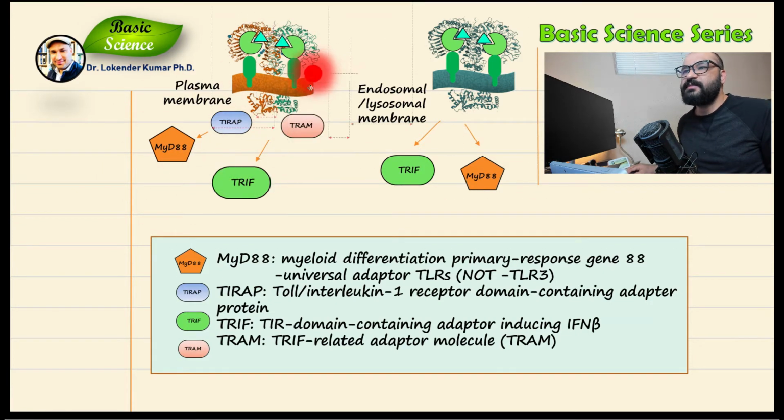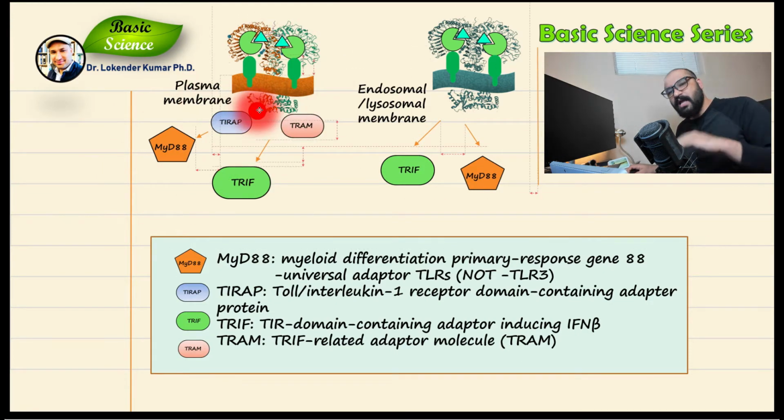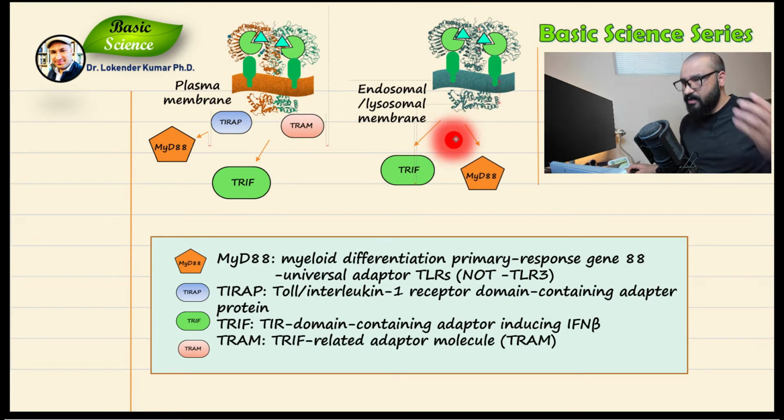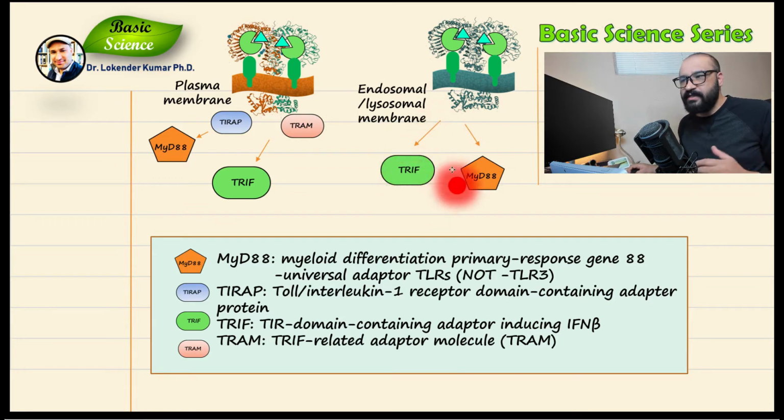Here I'm trying to explain that we have plasma membrane toll-like receptors as well as endosomal toll-like receptors. They have a similar kind of initiation mechanism. They also activate through MYD88 as well as the TRIF-dependent pathways. So what is MYD88?